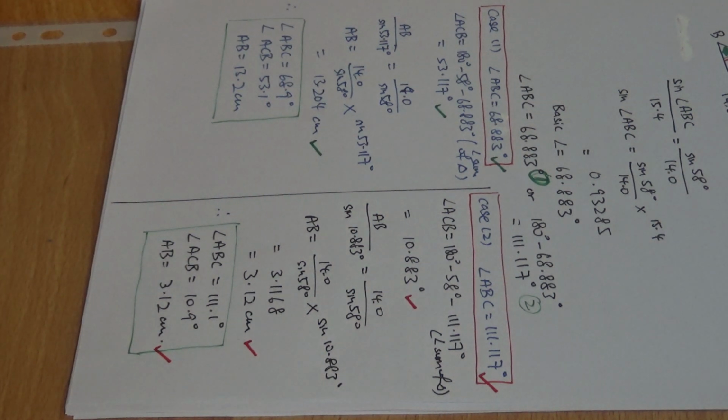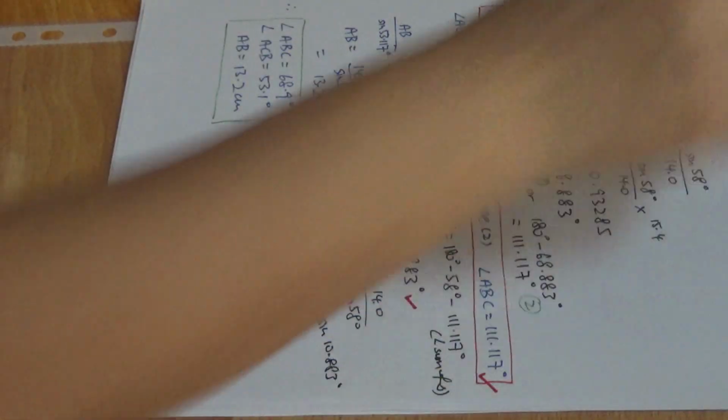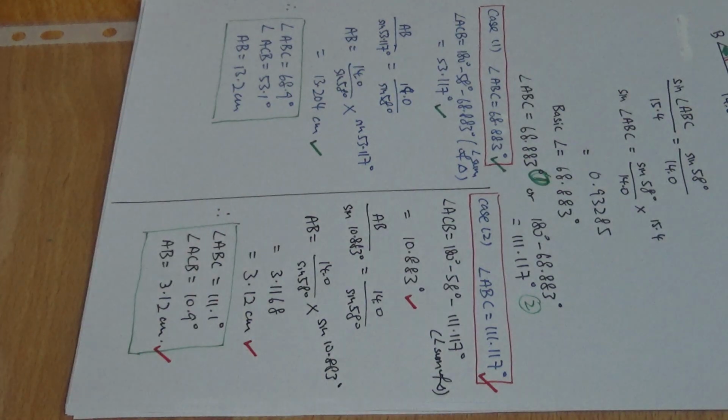Both sets of answers are acceptable because this is an ambiguous case whereby there are two sets of solutions. This will further reinforce the example 8 which we have.